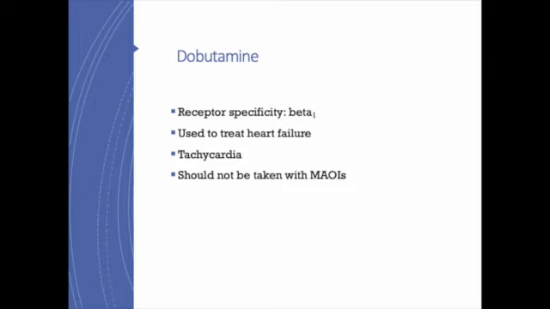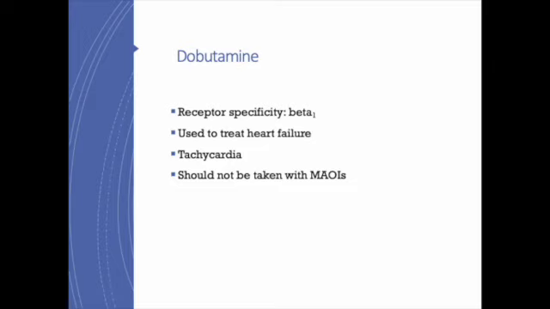It does have interactions as well. Dobutamine works on the heart and blood vessels to intensify cardiac output, but also when you use a MAO inhibitor, it's going to increase that effect. In patients that are receiving a MAO inhibitor, dobutamine dosages have to be reduced by as much as 90%.